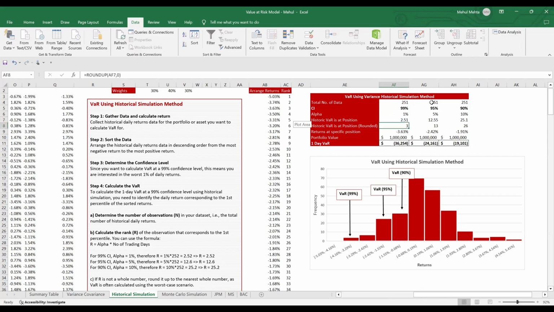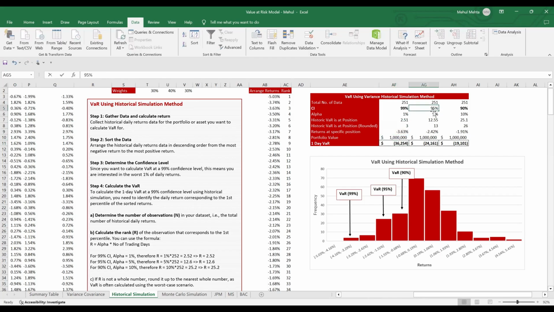So we just need to look at the return at the third position. This is nothing but negative 3.63. Once we get this return at the specific position, you just need to multiply it with the portfolio value to arrive at the value at risk number using the historical method.